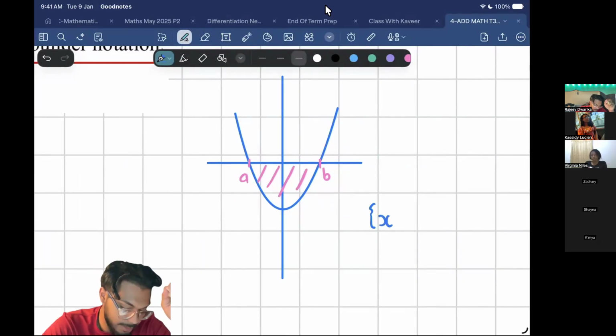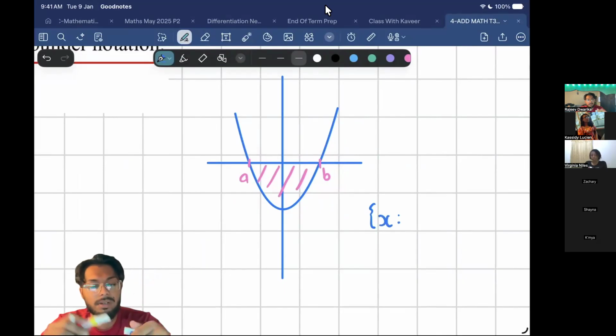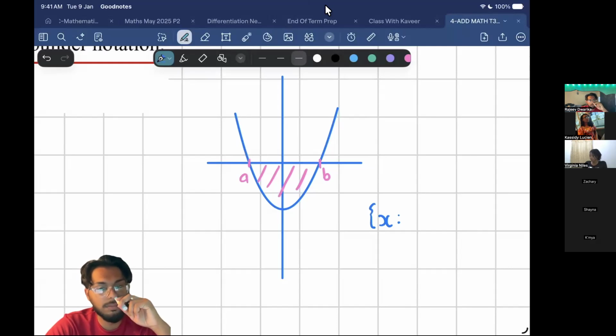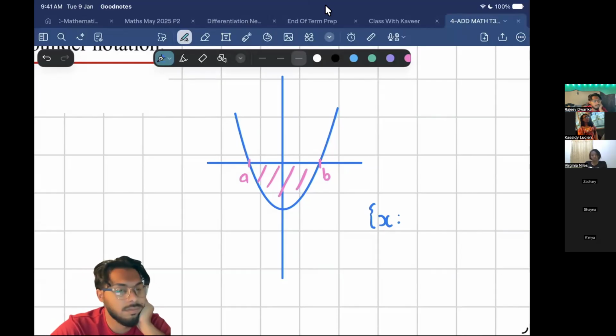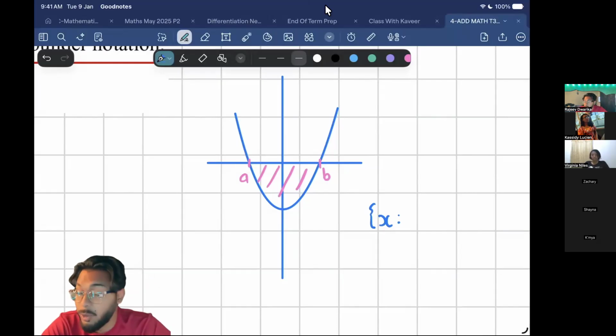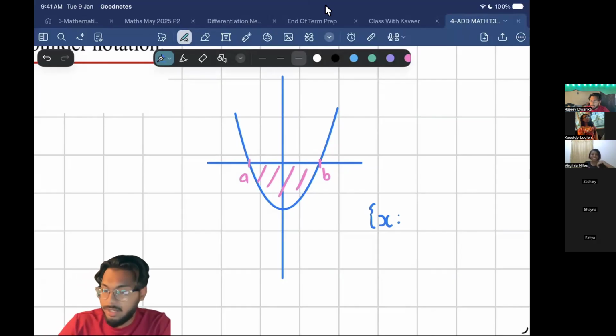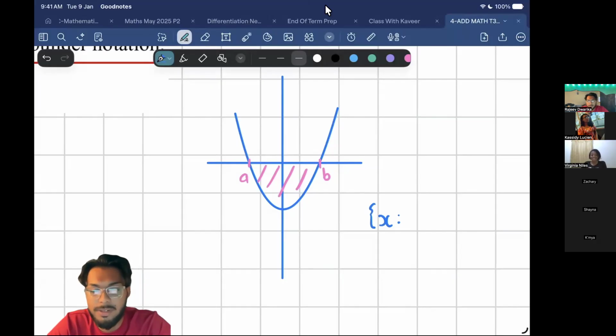I would say X is such that what? Wait, hold on. I'm going to figure this out. Don't look it up. When you say you're going to try to figure it out, actually try to figure it out. I'm a good faithful student. That's good.